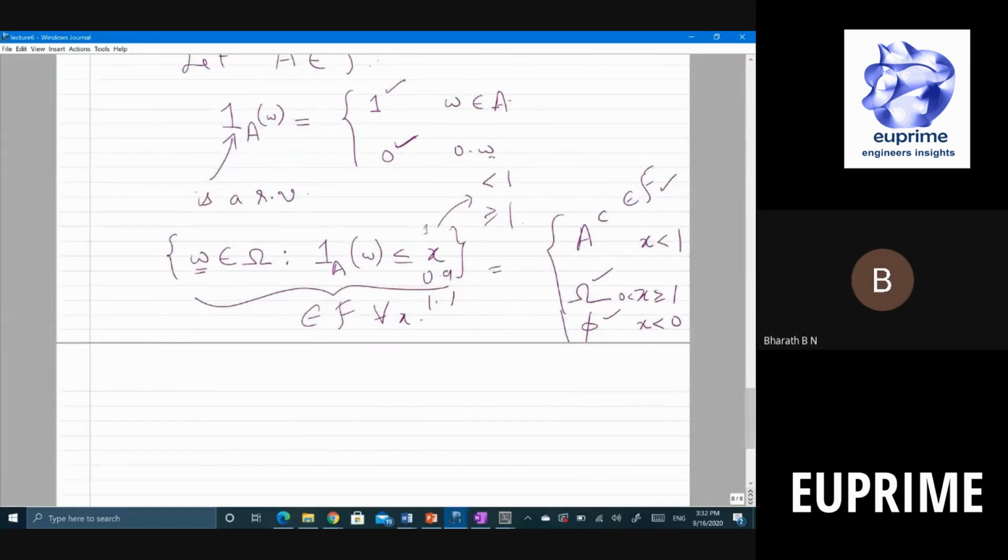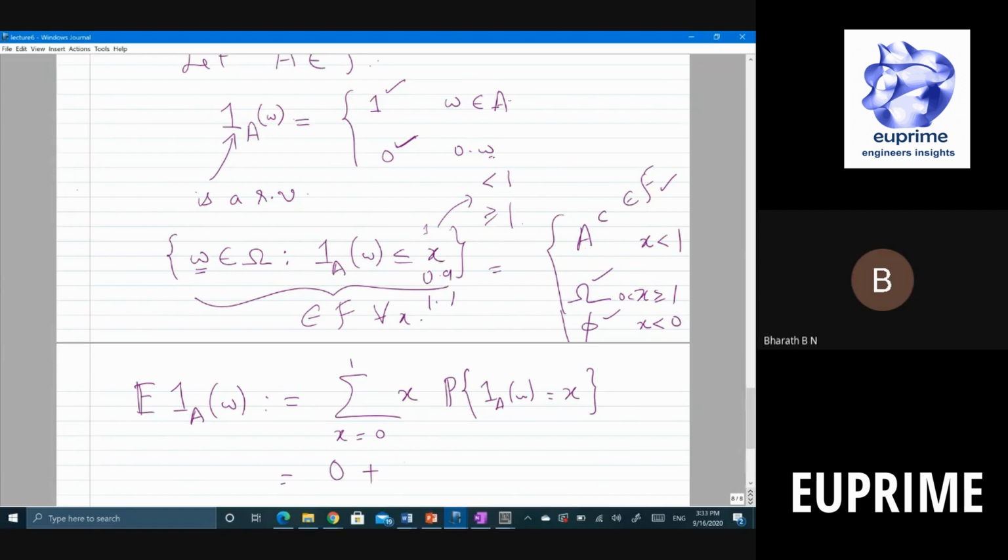So now let's look at what is the expected value of the indicator of A of omega. What is this? It is all the values that it takes. For example, it takes 0 and 1. That's all. It is the sum of x times the probability of this random variable, indicator of A of omega, equal to x. Now x equal to 0 does not matter, it is 0.